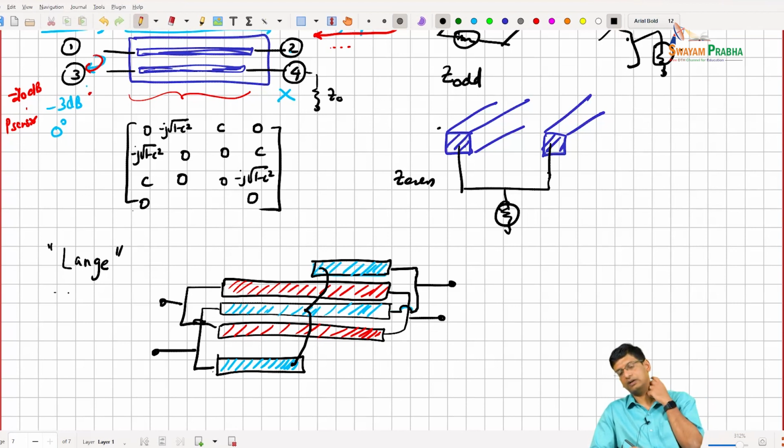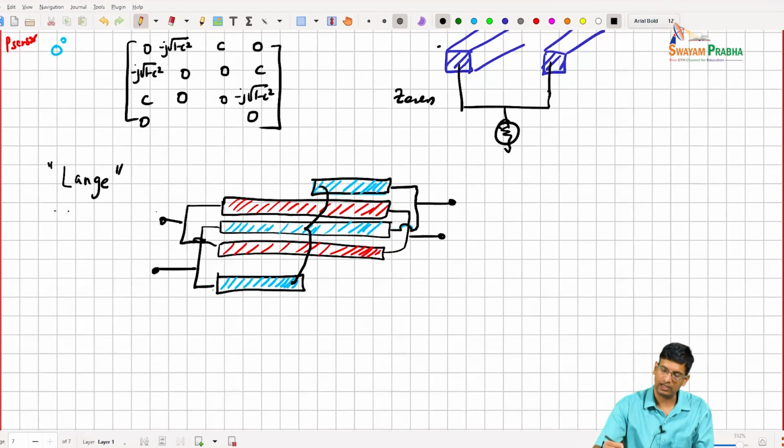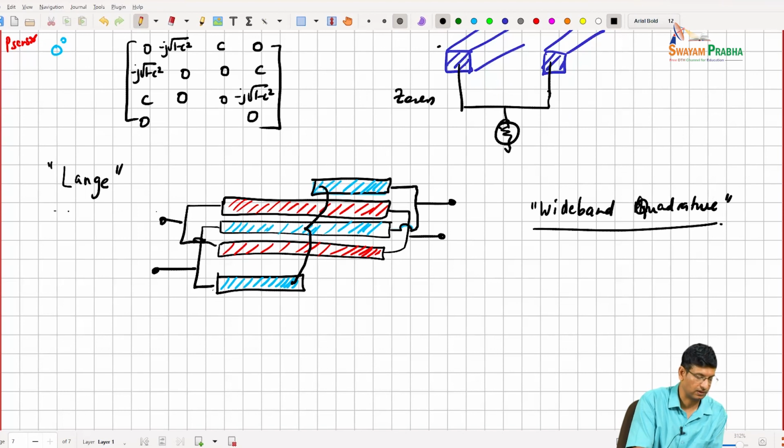This kind of coupler, again, integrated implementations exist for this, and it actually is more wideband than a branch line hybrid. So you can get a very wideband hybrid quadrature coupler using this particular circuit.